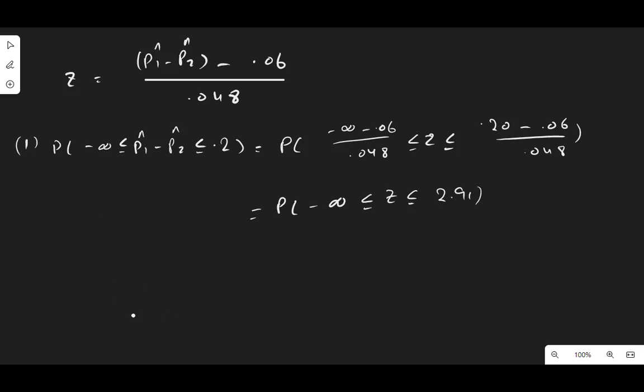So if you draw the sketch, the limit is 2.91, this is the plus side, this is the minus side.